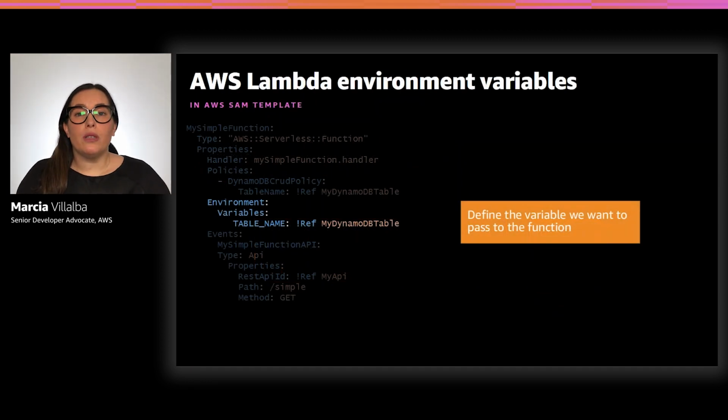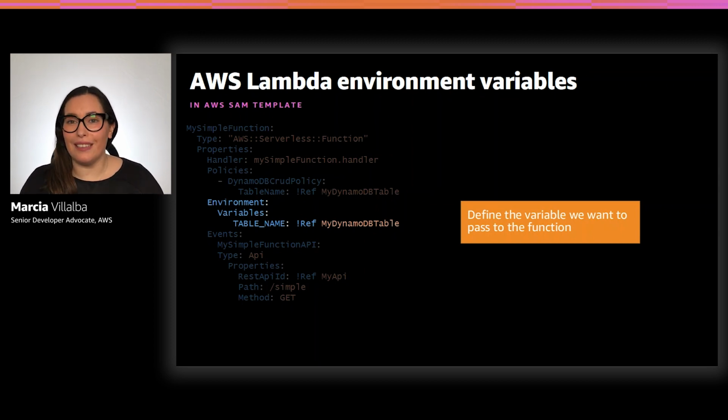Also, you might want to have your code agnostic to the accounts or the naming of your Dynamo tables again. So you might want to use environmental variables to pass information from your infrastructure to your code. And that's very simple. In your SAM template, inside your function definition, you will create an environmental variable where you are listing all the different information that you want to pass to your code.